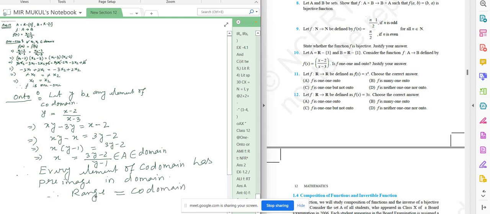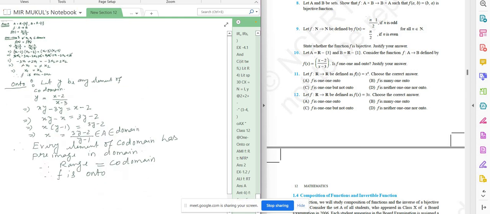This line you definitely will write, because if range and codomain are equal, then it will be onto. Therefore, f is onto. It means f is one-one and onto.